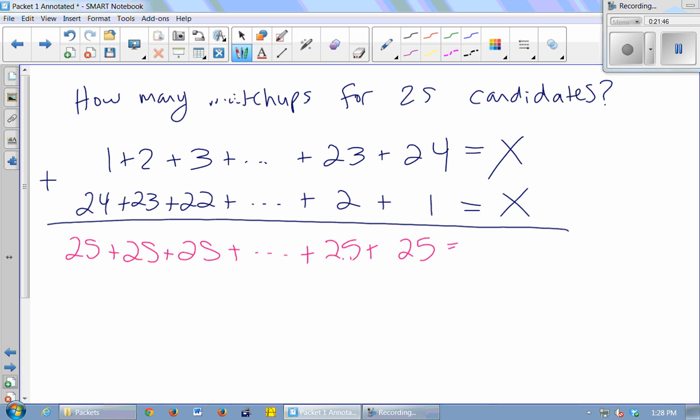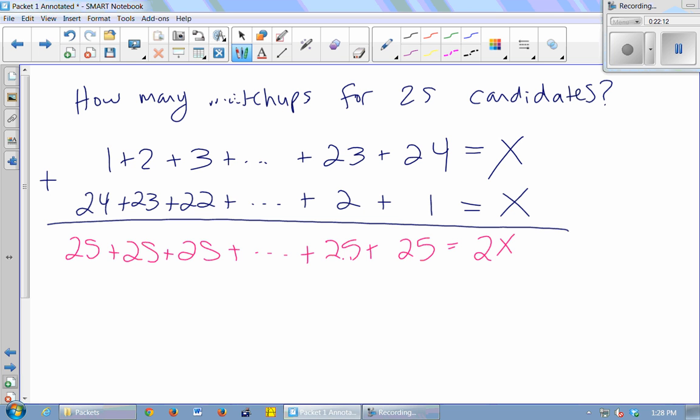And x plus x is? 2x. X squared means x times x, right? So x plus x is 2x. All right, so I'm adding up a bunch of 25s. Repeated addition. What mathematical operation is repeated addition?